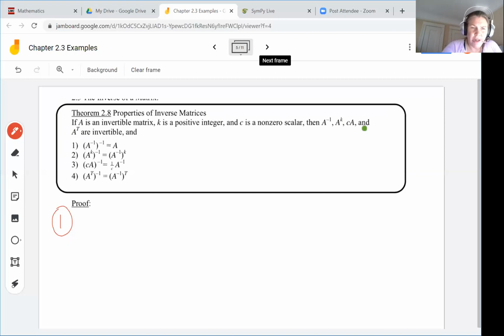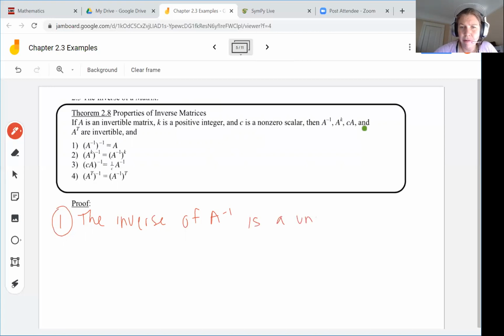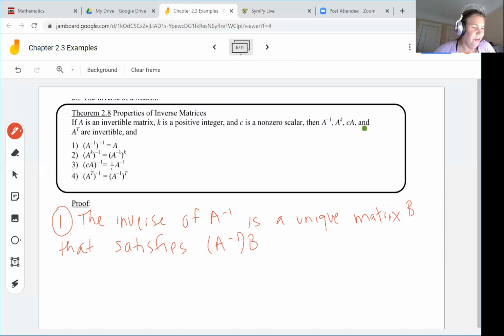By definition, the inverse of A inverse is a unique matrix, and I will call it B, that satisfies A inverse times B, where B is the inverse of A inverse, equals the identity, and B times A inverse has to also equal the identity.